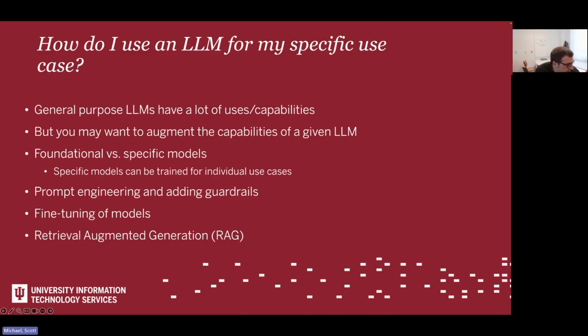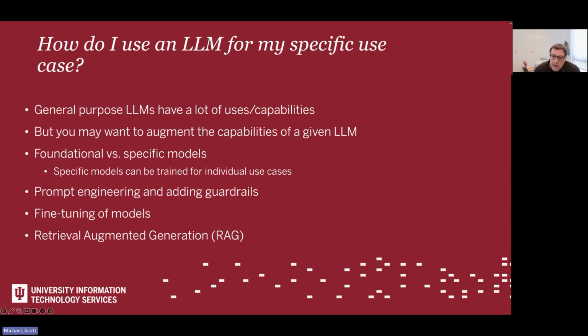So the next thing you can potentially do is to fine-tune the model. The standard LLMs are quite large. They have anywhere from tens to hundreds of billions of parameters, so there are 100 billion neurons in many cases in a given LLM.